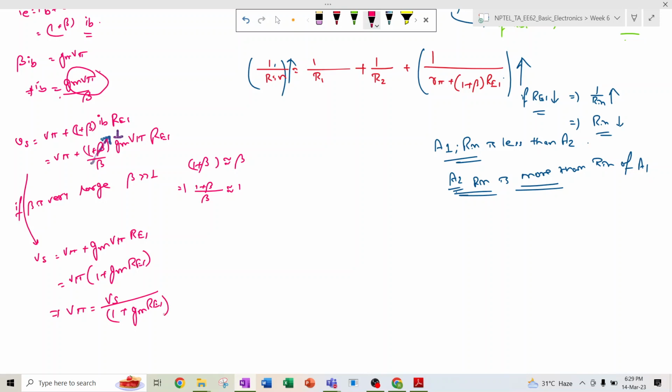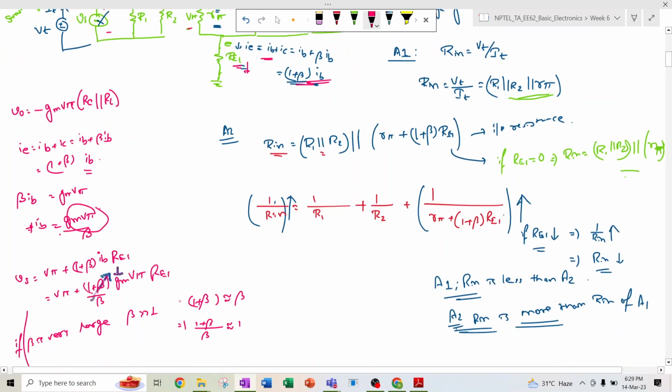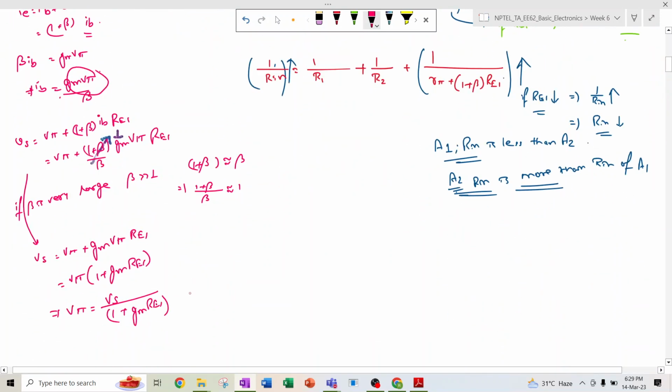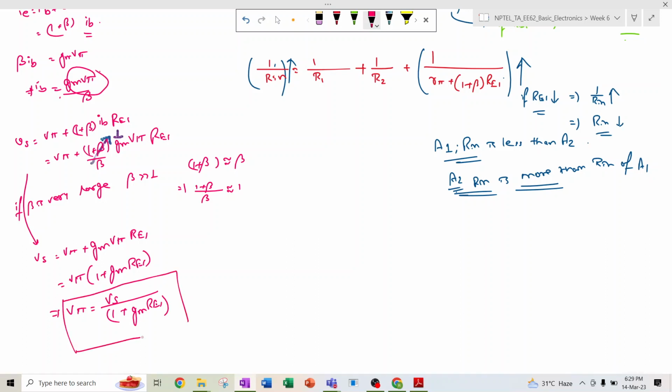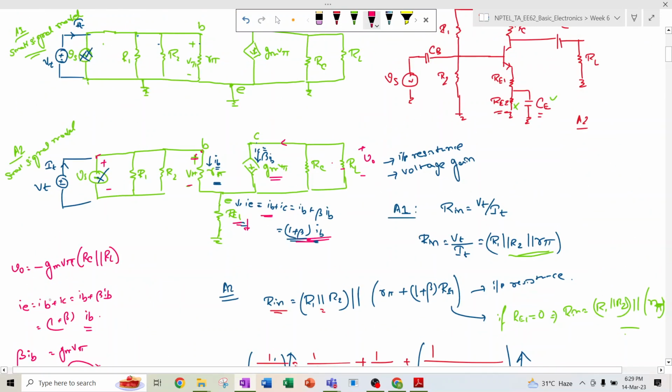So you have put V pi in the form of Vs. Also you know V0 is nothing but minus GM V pi into RC parallel RL.